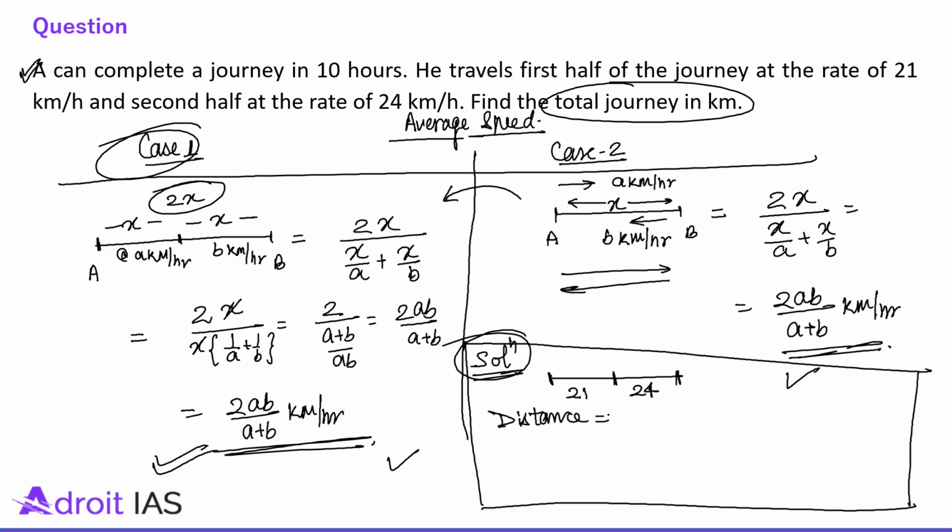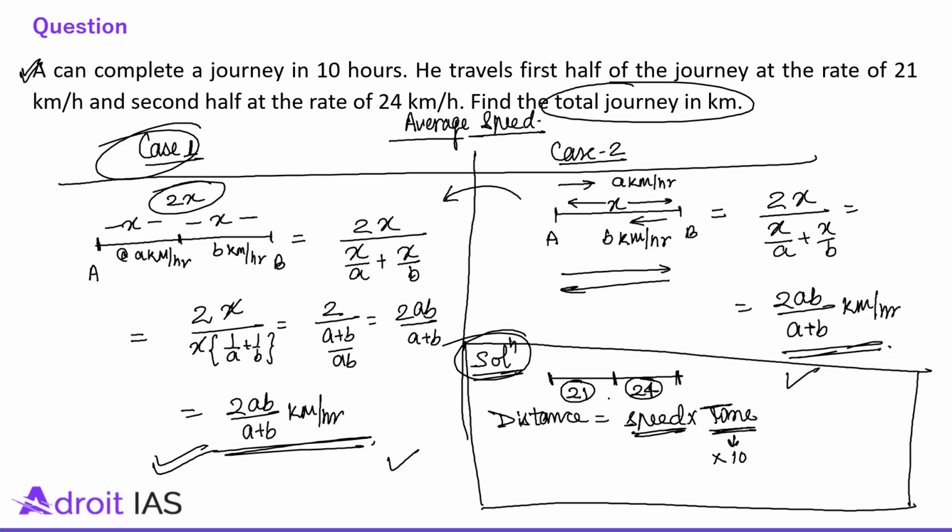Distance is speed into time. For the entire journey, time is given to you as 10 hours. But speed is not given to you because speed is given in two different halves. For the first half a different speed and for the second half a different speed.